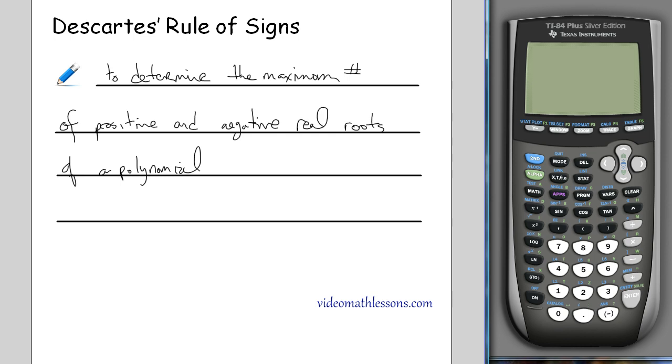All right, now this is how it does it. What we're going to do is count the sign changes. If we have f of positive x, which is the original, this would be for the positive roots.